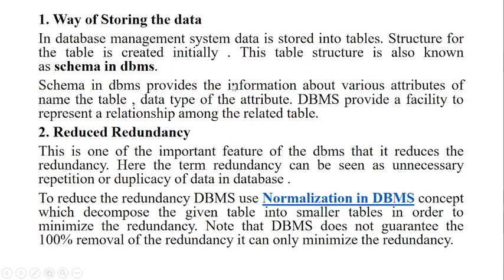Schema in DBMS provides the information about various attributes and the names of the table, as we discussed, and the type of data of each attribute. For example, if you are storing the name of a student, we are going to give the string data type, because the name is in the form of strings.